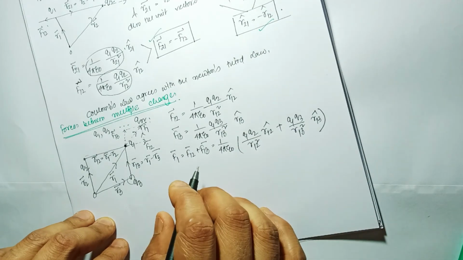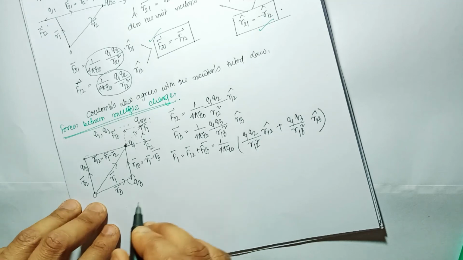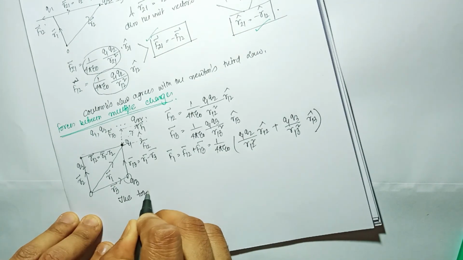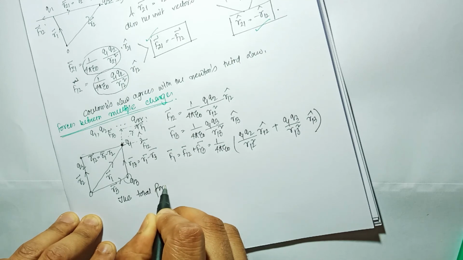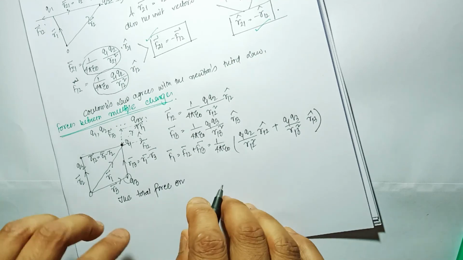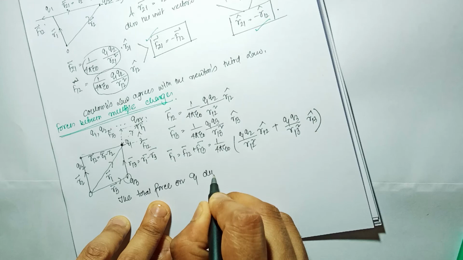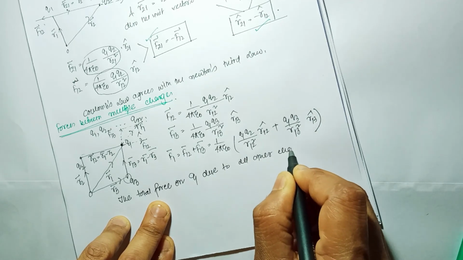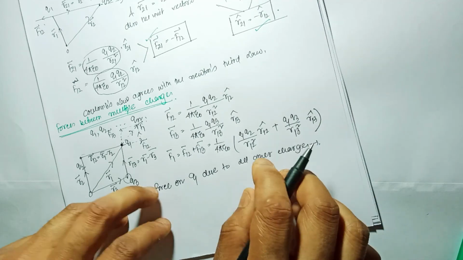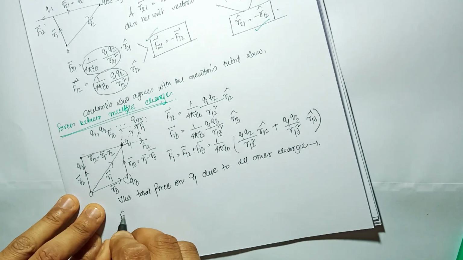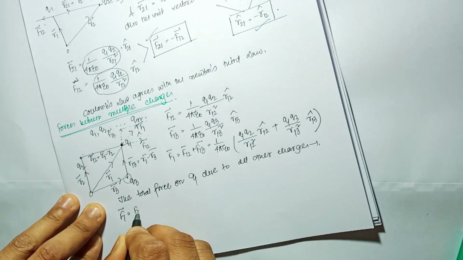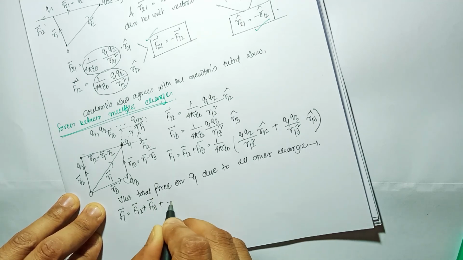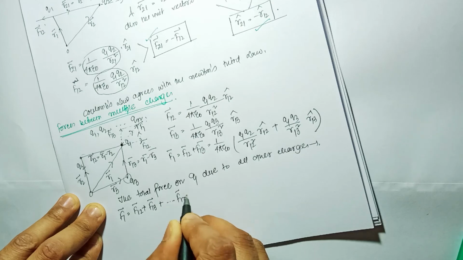So for n charges, the total force on Q1 due to all other charges will be F1 vector is equal to F12 plus F13 plus up to F1n.